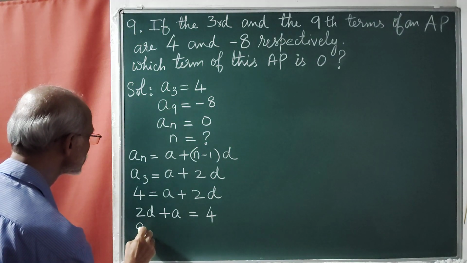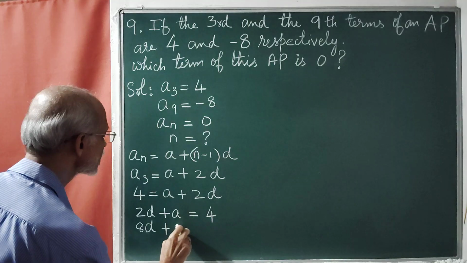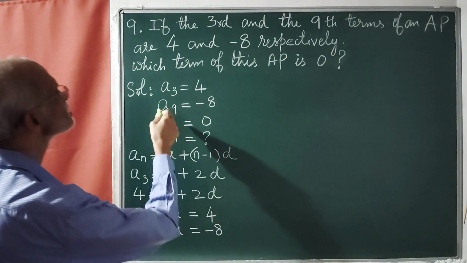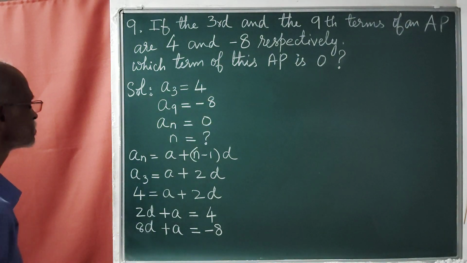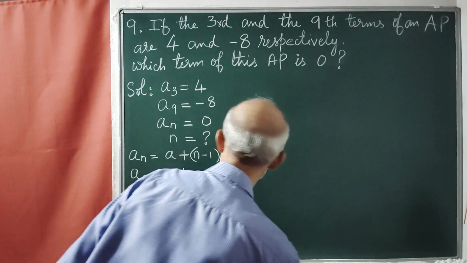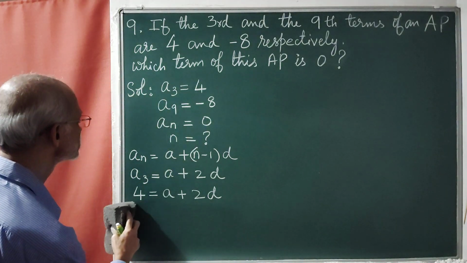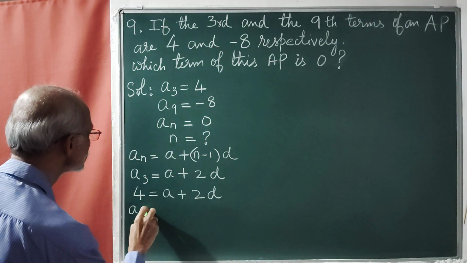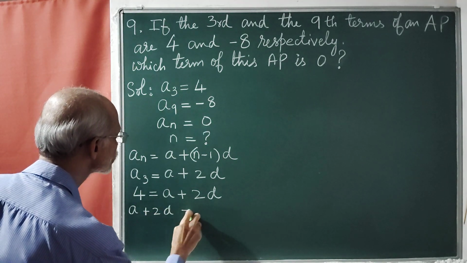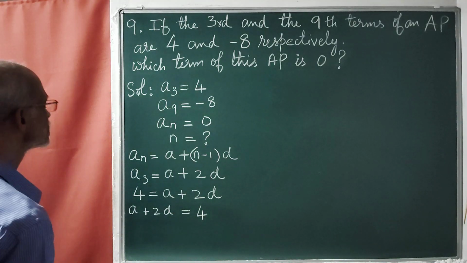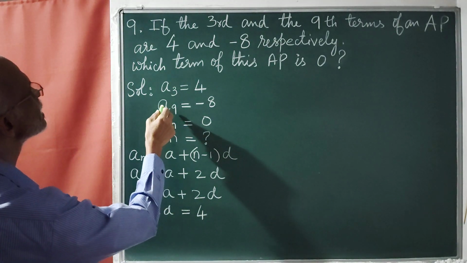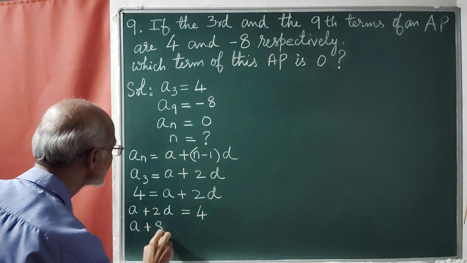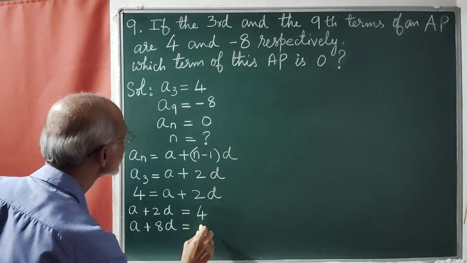In the same way, A plus 2D is equal to 4. In the same way, A9 is minus 8, so A plus 8D is equal to minus 8.